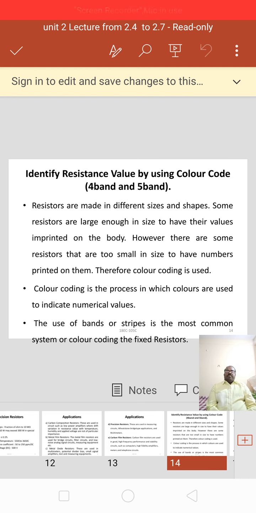The use of bands or strips is the most common system of color coding fixed resistors.